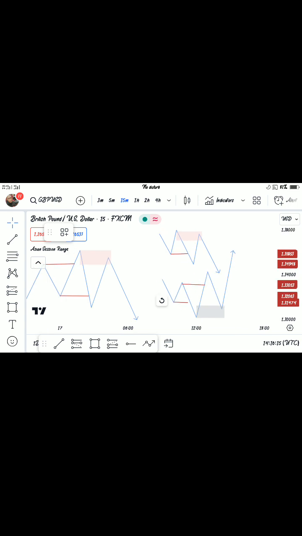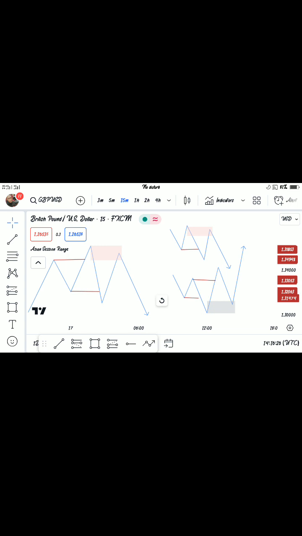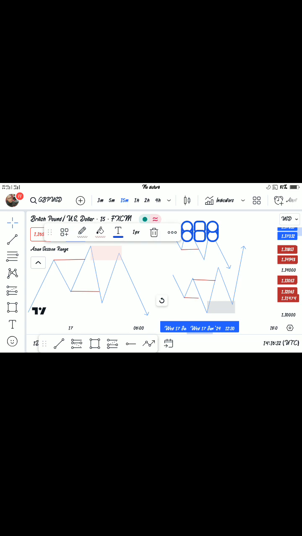Now, check these two. This one simply means we are still in a bearish trend, right? This one simply means we've actually changed character. So if there was no violation here, I would take a sell here.